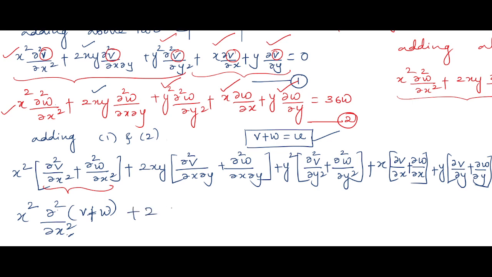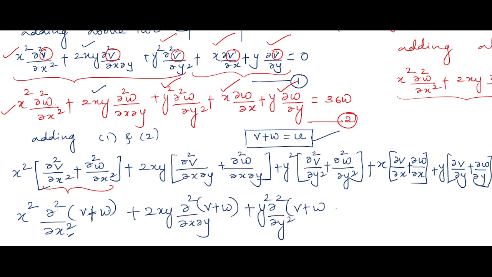Then 2xy ∂²/∂x∂y of again v plus w, plus y square ∂²/∂y² of v plus w, plus x ∂/∂x of v plus w, the last term plus y ∂/∂y of v plus w, which is equal to 36w.